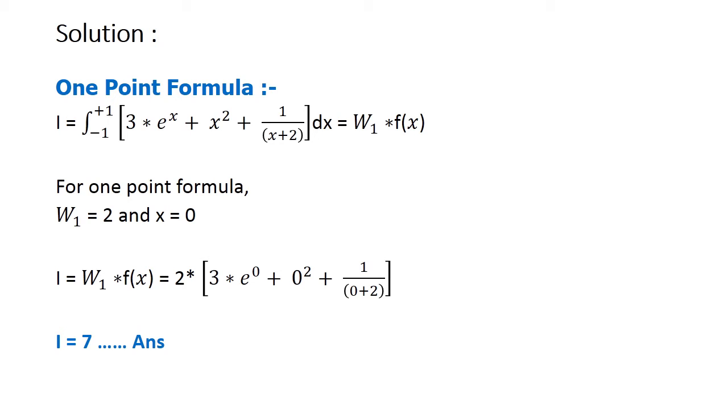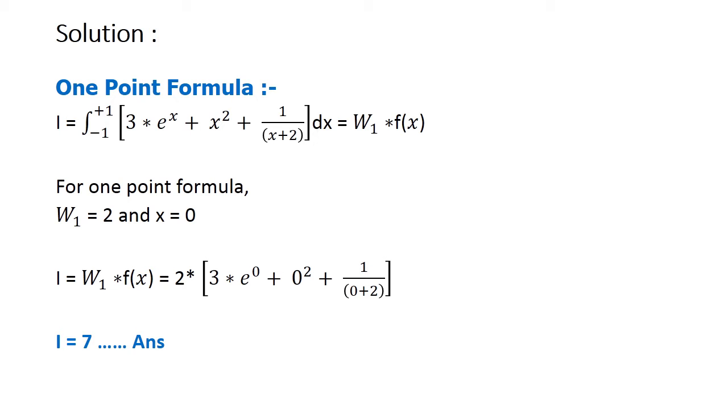Therefore we will put the value of w as well as the value of x back into the equation, and we will get I, that is the integral, equal to w into f of x, which is equal to 2 into, now 3 into e raised to x, x is 0, so we put e raised to 0, plus it was x square, now x is 0, so we substitute 0 square, plus 1 upon, it was x plus 2, we have assumed x as 0, so it becomes 1 upon 0 plus 2.